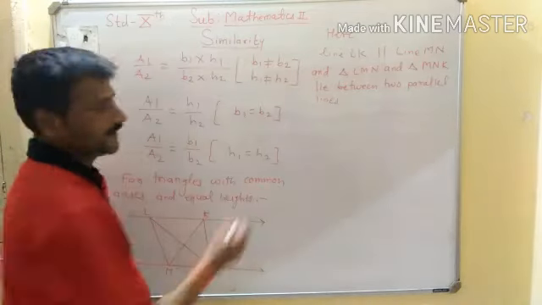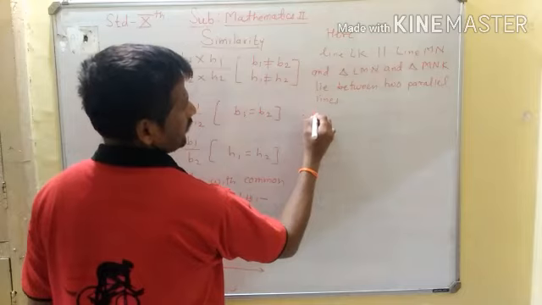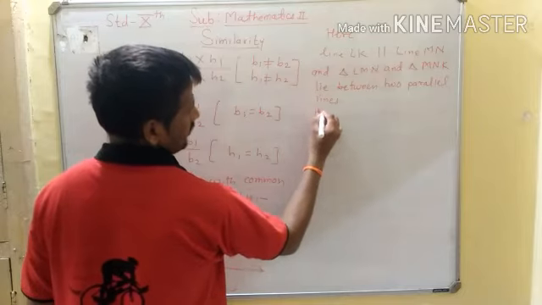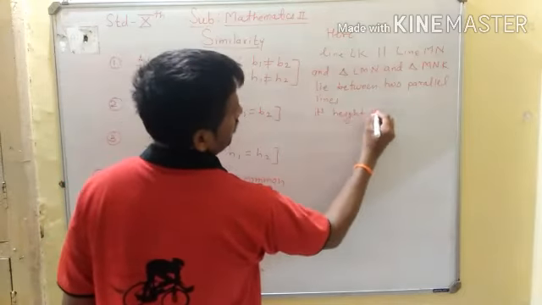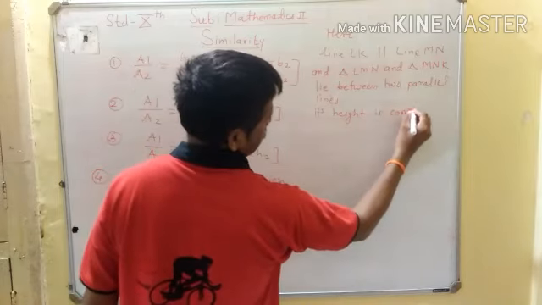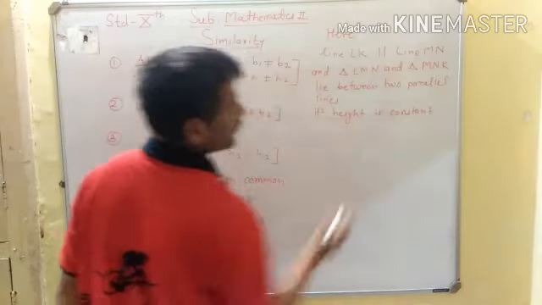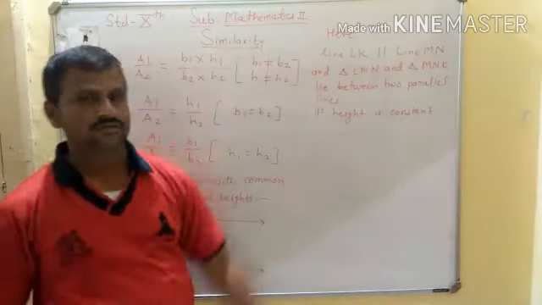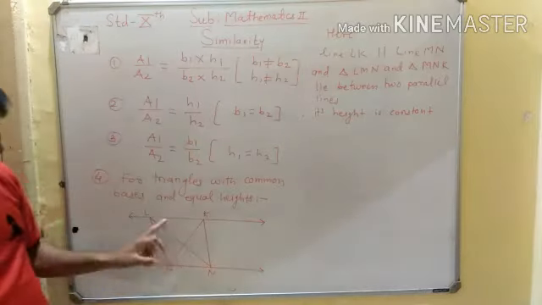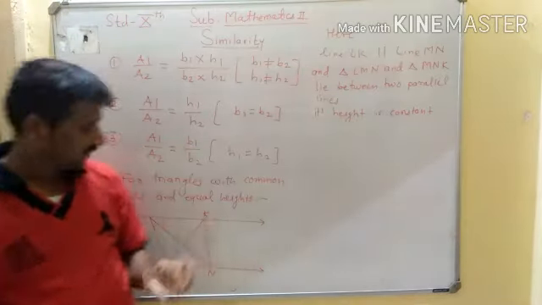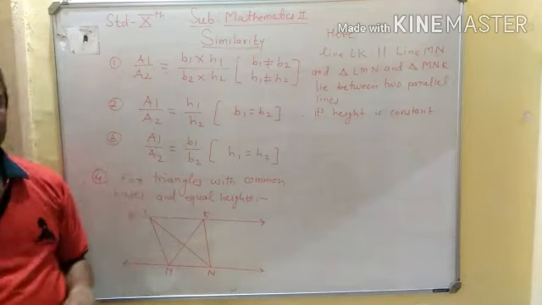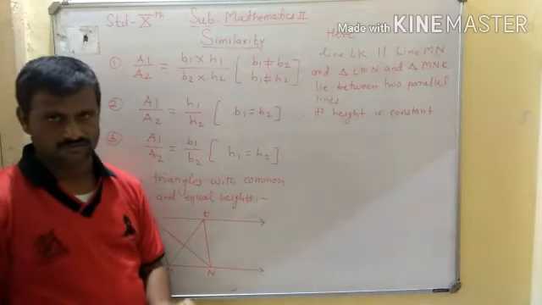Okay, therefore its height is a constant. Why do both the triangles have height as a constant? Here those two triangles lie between the parallel lines, and we know the distance between the parallel lines is always constant.